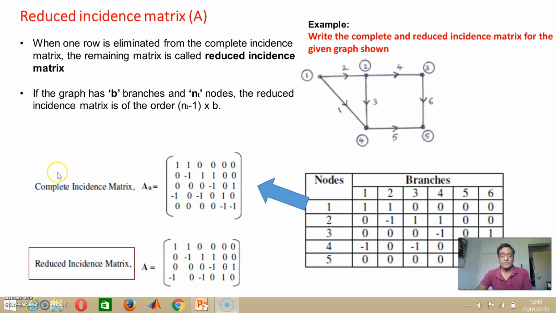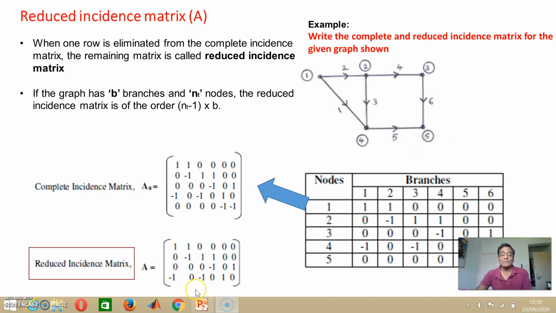And one important property of the complete incidence matrix, to check whether the matrix is written correctly or not, as I explained in the last video, is to add all the elements column-wise. That is, all the rows are added. Rows added means 1 minus 1, 0. So you get 0 everywhere. But if you do the same thing here, you will not get 0. Something is missing here.